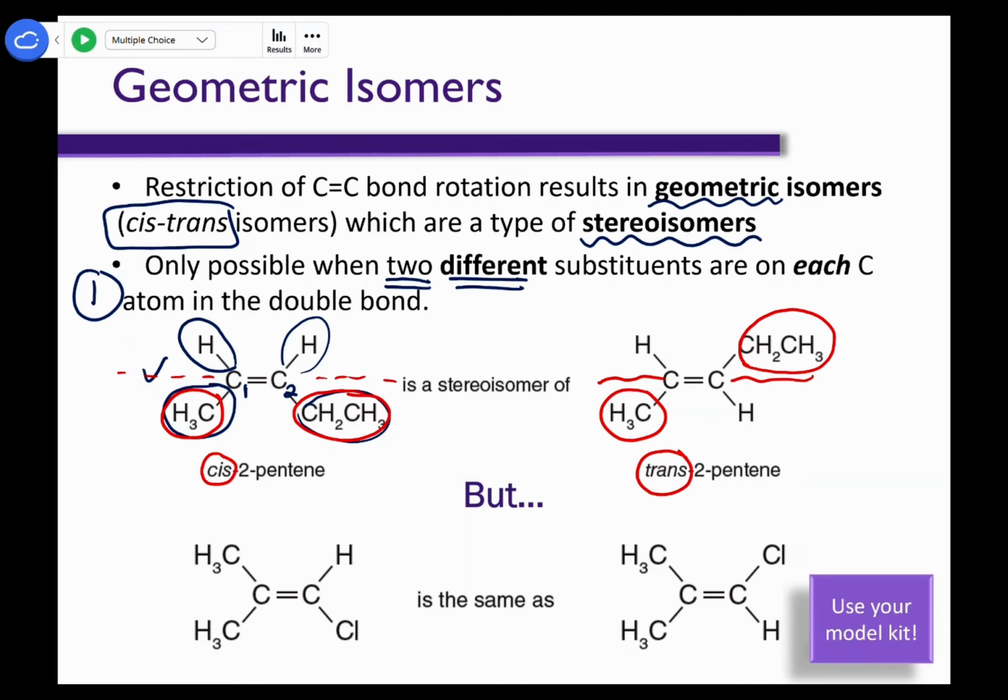So here I've built the molecule on the left. I have a methyl group up and a methyl group down off of carbon 1 and a chlorine down off of carbon 2. And the same story for the molecule on the right with my chlorine pointing up.